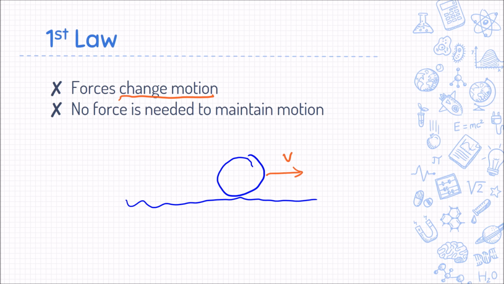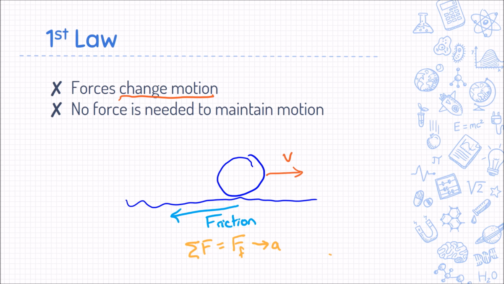What we are observing is the force of friction opposing the motion. So friction is pushing our object the opposite way of its velocity. And if this object is just rolling with no other forces, then our net force is only the force of friction. And since the force of friction is not zero, then our object accelerates.